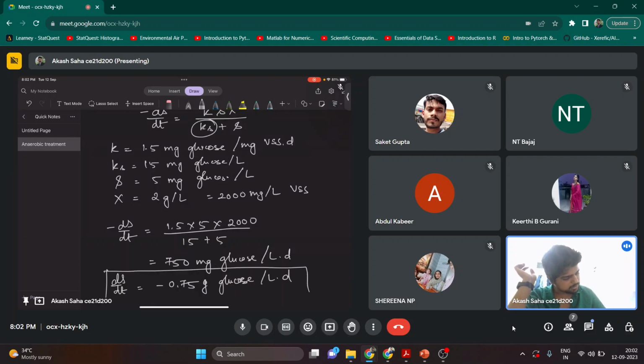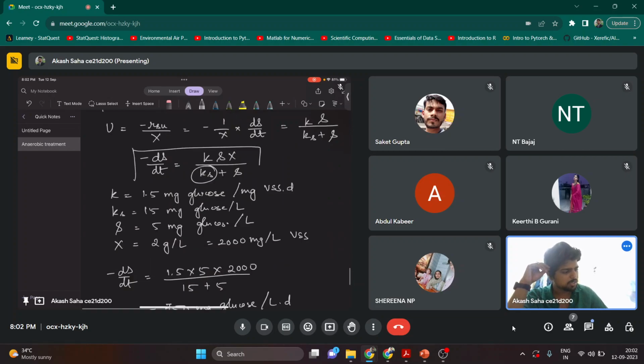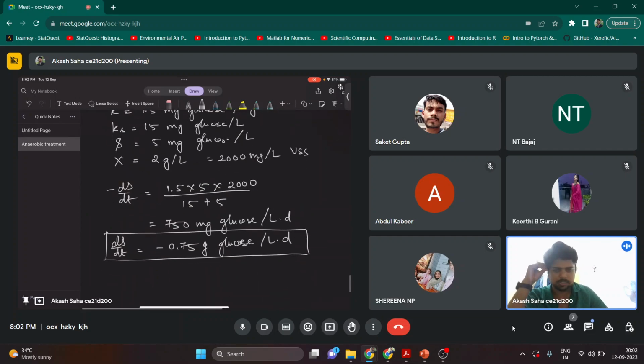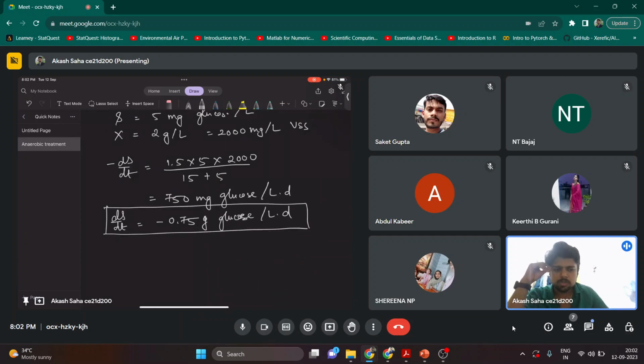The minus sign indicates that my substrate is getting reduced. So it is a simple application of Monod's equation. If you know this particular equation, all the values are given in the question, you just have to substitute them and you will get the answer. Is it okay, Saket? Yes, sir. Okay.